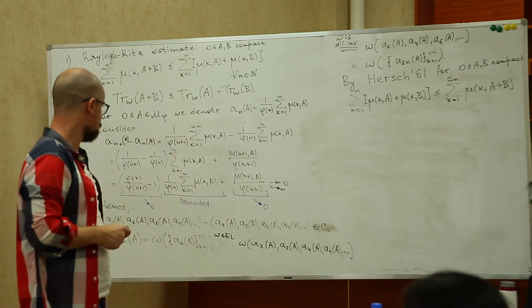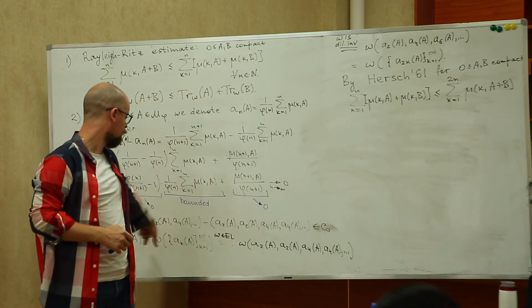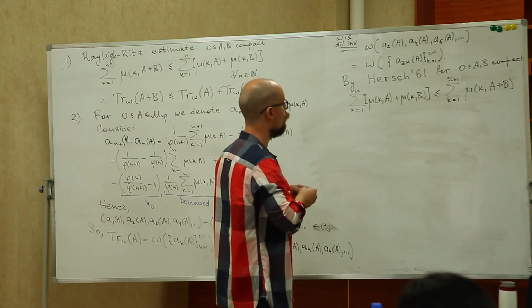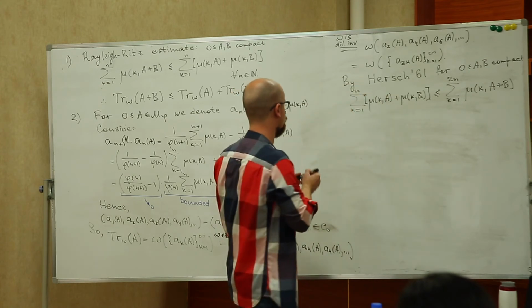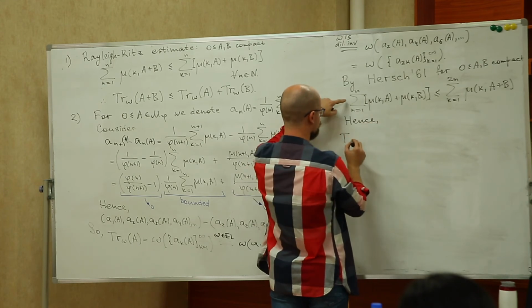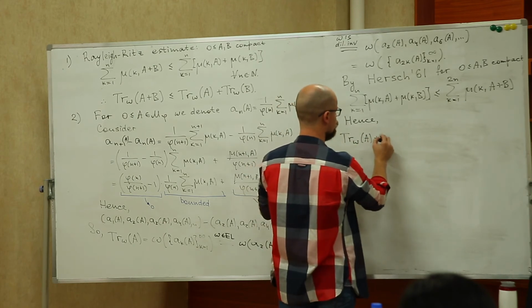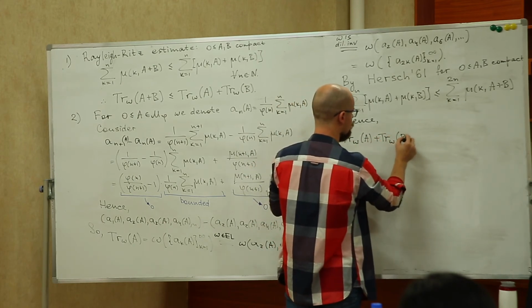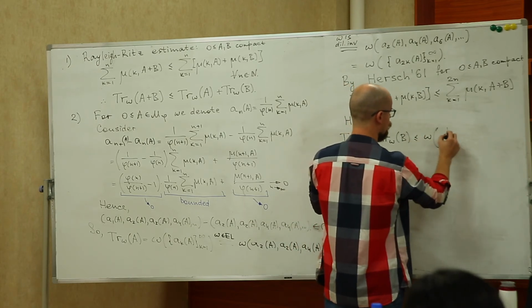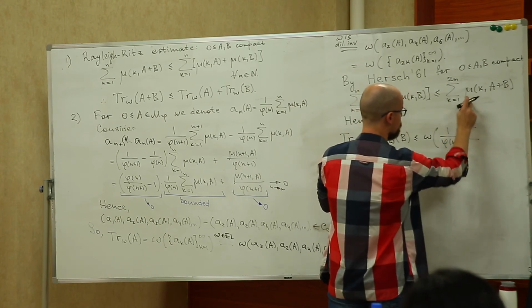Okay. So using this estimation for trace omega, we go with this one first. Hence, using this one, trace omega of B is less than or equal to omega of 1/5n.